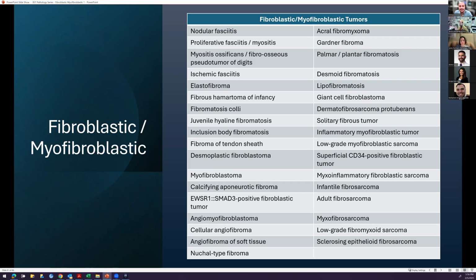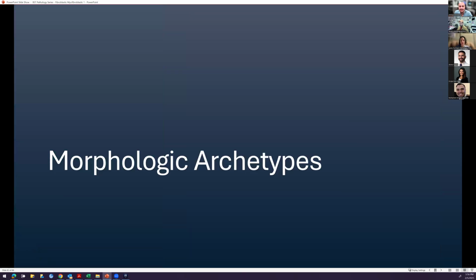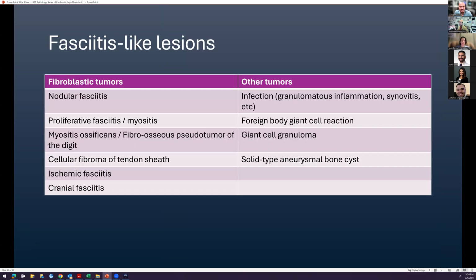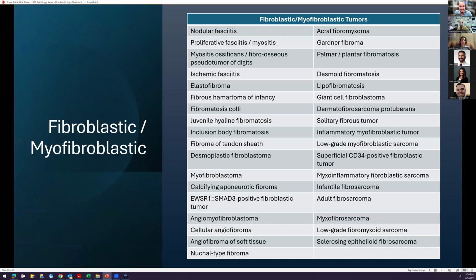To that end, I've put in a little bit of a summary here on the morphologic archetypes of how these things fall. This isn't meant to be completely comprehensive, but it's to help you think about things in groupings. The whole point of going through line of differentiation like we are now is to narrow things down as much as possible into smaller groups.